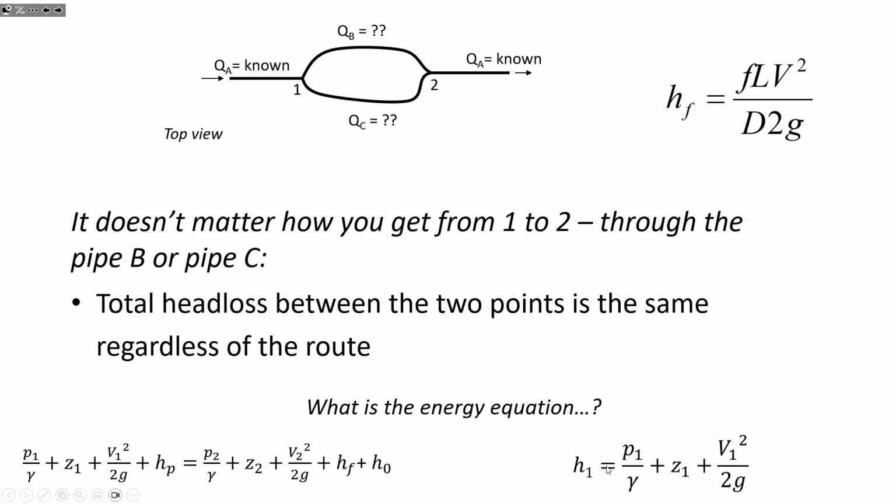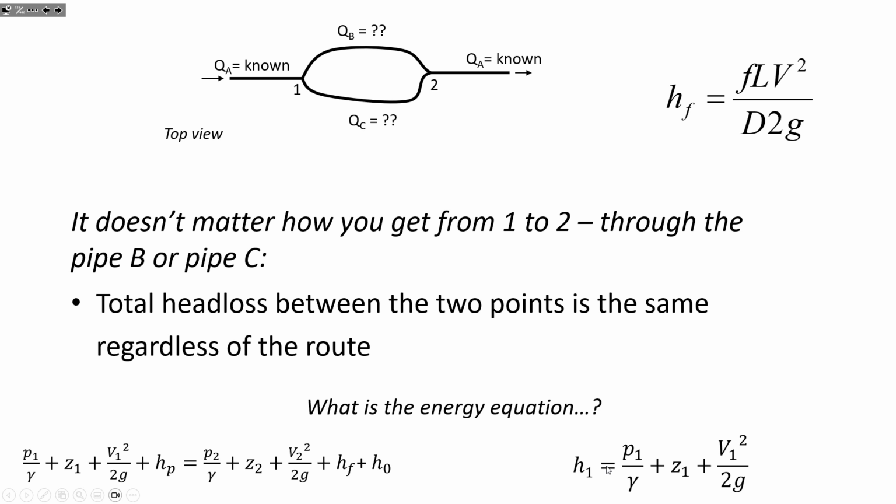This is the energy equation. It's not a new equation. It's the same equation that we've been working with. I'm just saying, let's have H1 be all of the head at that location, the combination of velocity, pressure, and elevation.